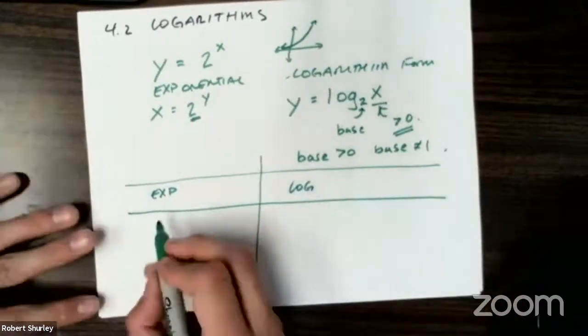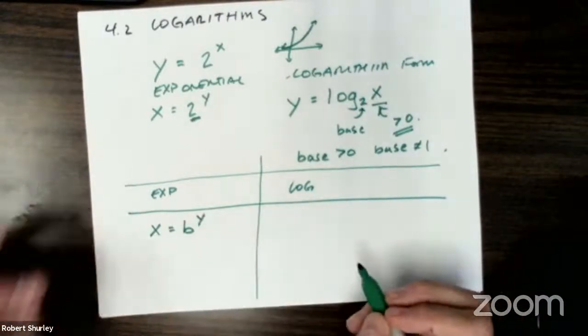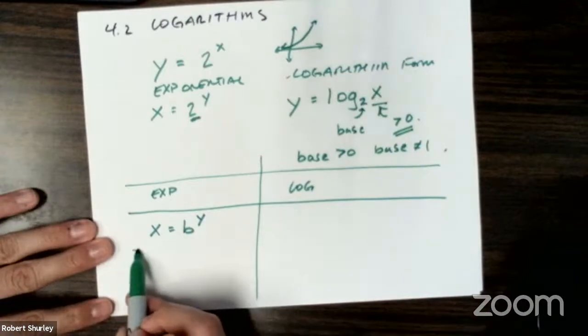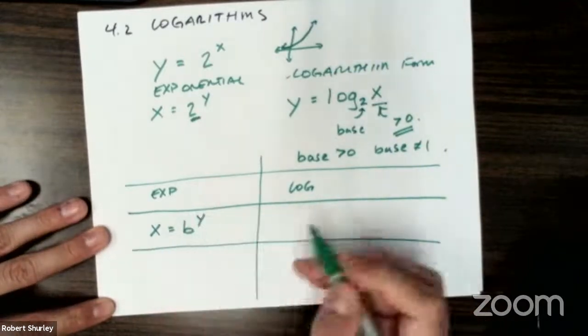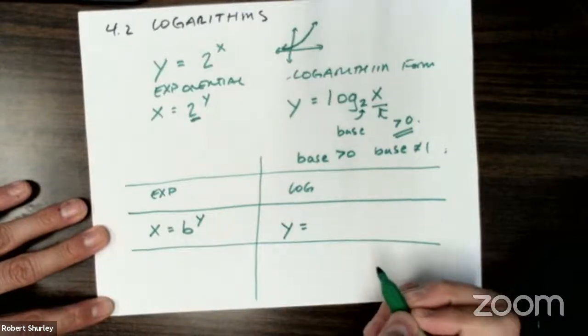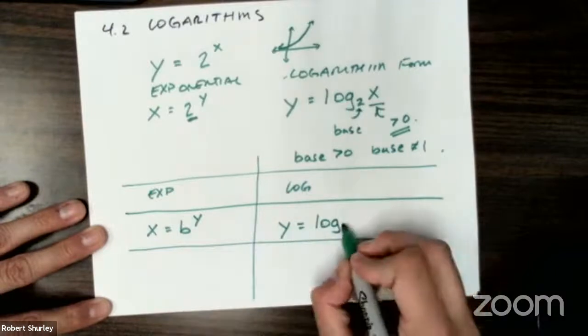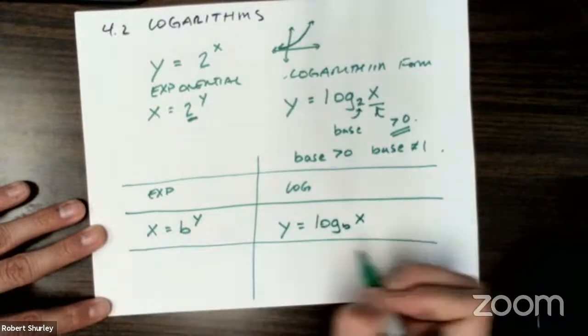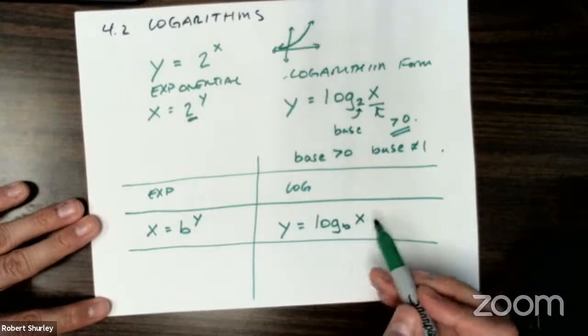So the most basic example is x equals b to the y, where b is some base. If I wanted to write that as a logarithm, now the exponent goes by itself, log base, whatever the base is over here, of whatever's by itself over there. So x equals b to the y is y equals log base b of x.